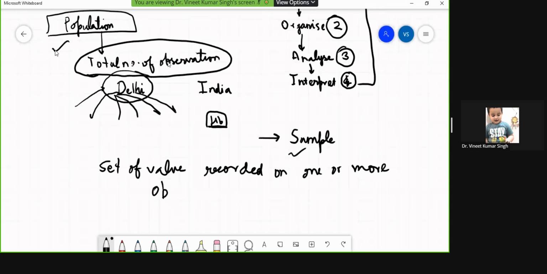Second is variance. Variance is basically calculated as the sum of x minus x bar, upon n minus 1.